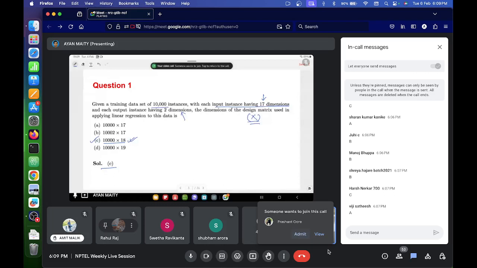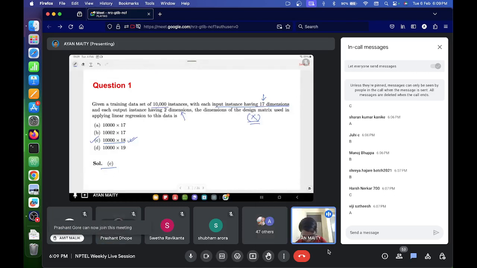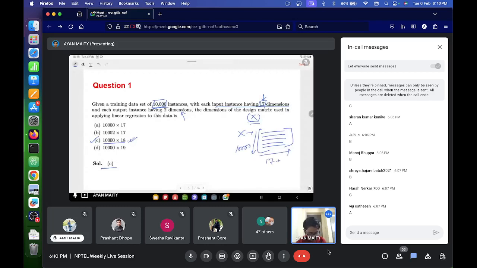Sir, can you please explain once again? Yeah, so there are 10,000 instances, and each instance has 17 dimensions, or basically 17 features or attributes, as we say. And X contains n number of instances. This is 10,000. And how many columns? So 17 plus 1. 17 is the number of features, and 1 is the intercept column that we have to add for every instance.